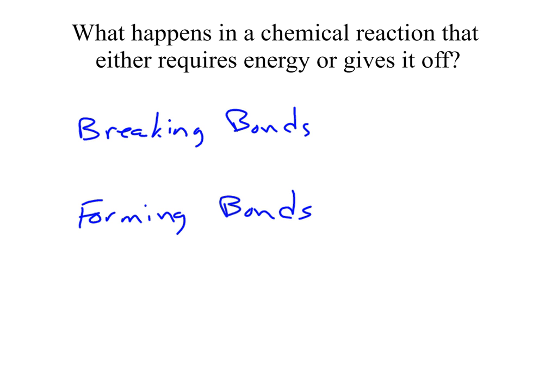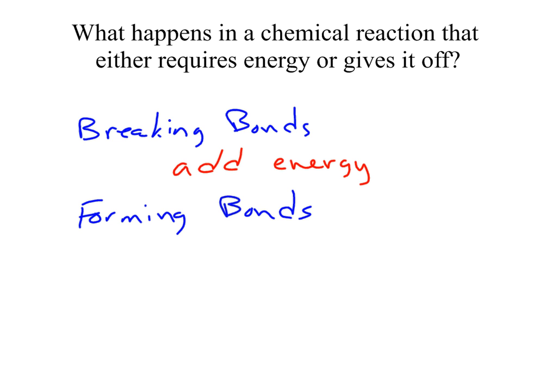Usually what you've got to do to start a reaction is to break bonds. So you're going to break the bonds in the reactants. Breaking bonds is always an energy requiring process. You always have to add energy to break bonds. To separate things apart, you have to add energy.